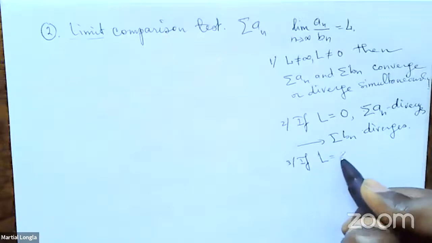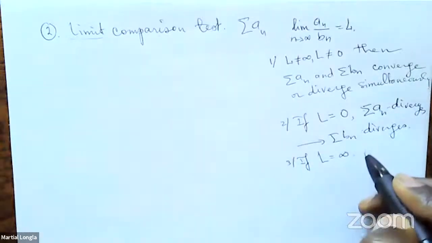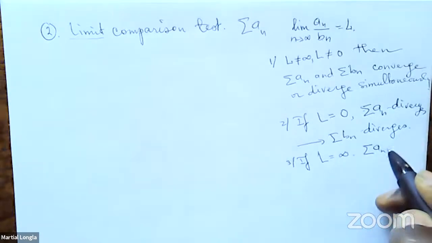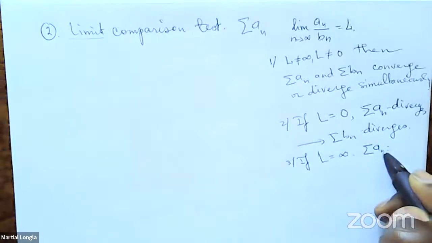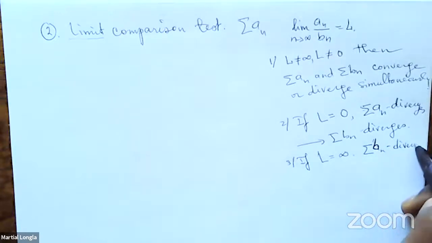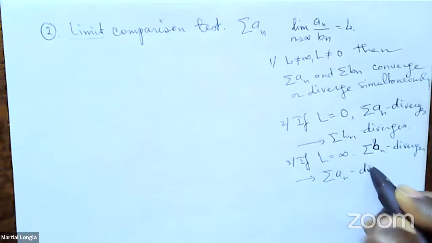If L is infinity, then that would mean that a_n is too large compared to b_n. Therefore, if the sum of b_n diverges, that implies the sum of a_n diverges.